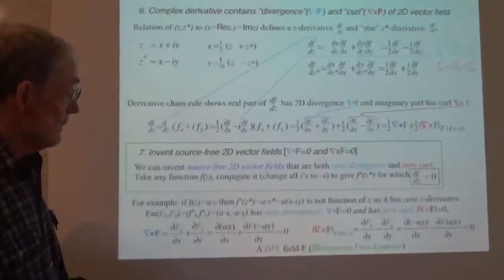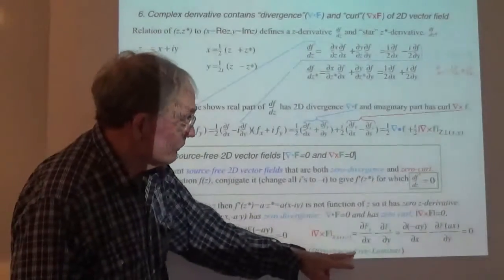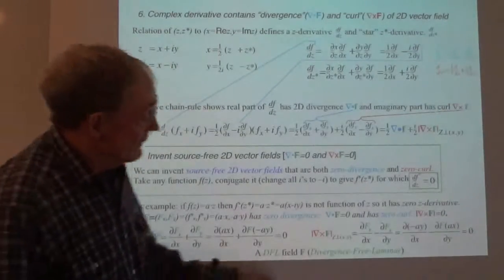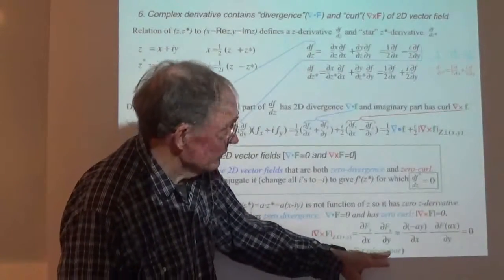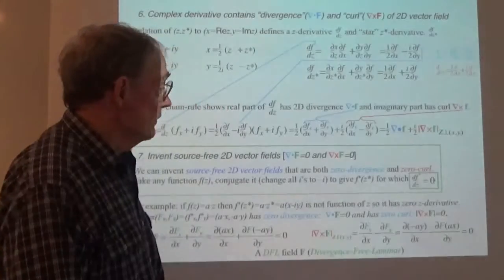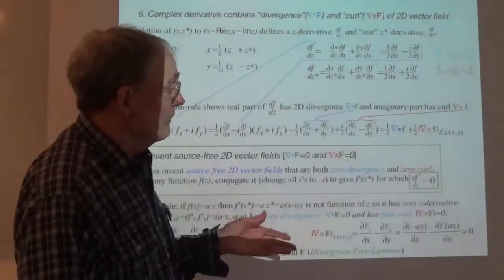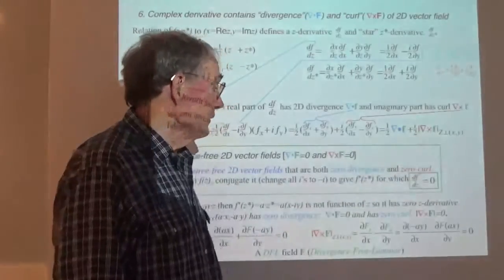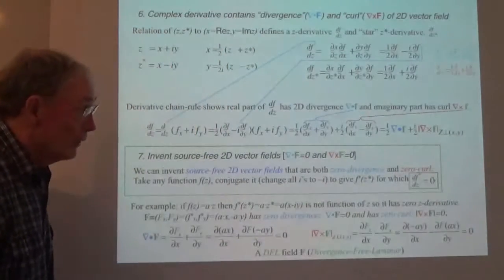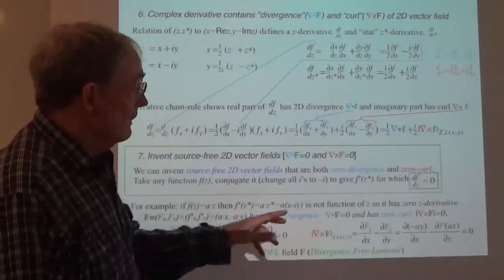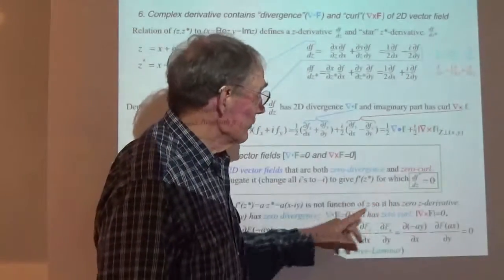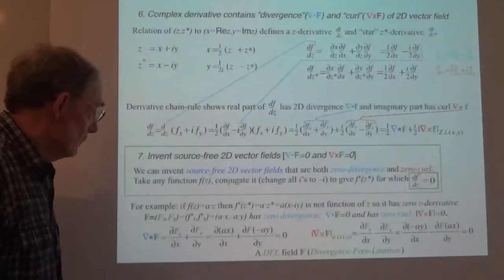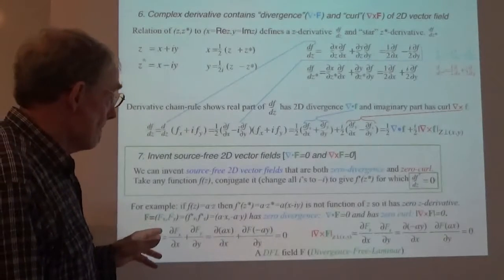So that then gives us what we call a divergence-free laminar field, but it's more than divergence-free, it's curl-free, and that's what the word laminar really refers to. So both the real and imaginary part, that is the whole function, has derivatives that would be 0 here, if we have followed this recipe with this given function.